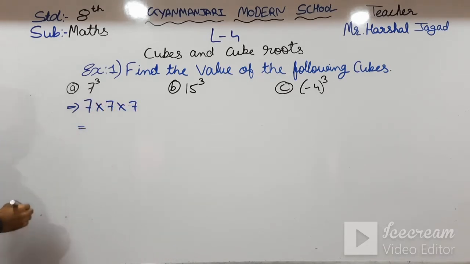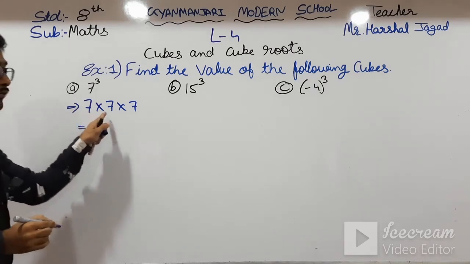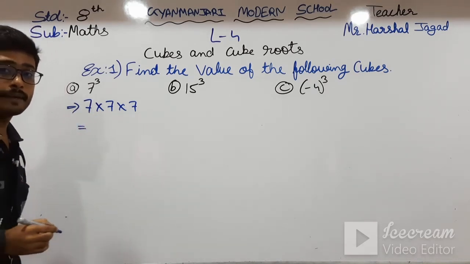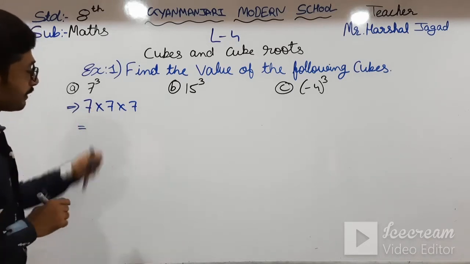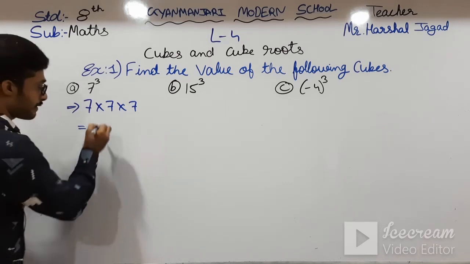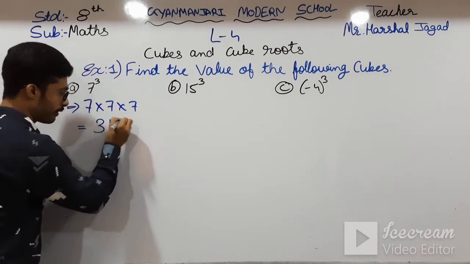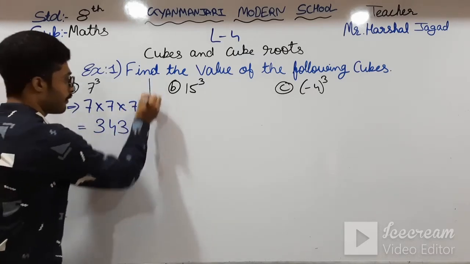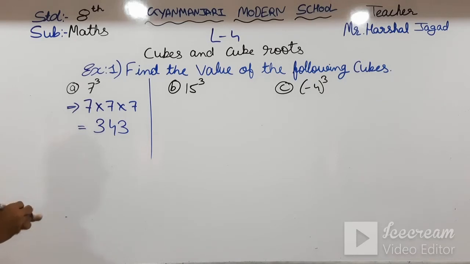So what will be the answer? 7 sevens are 49, 49 sevens are? First of all, do it on your own. That is 343. Okay students, so this is the answer of 7 cube.